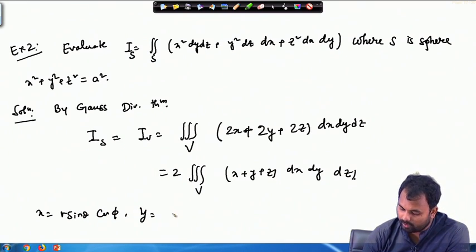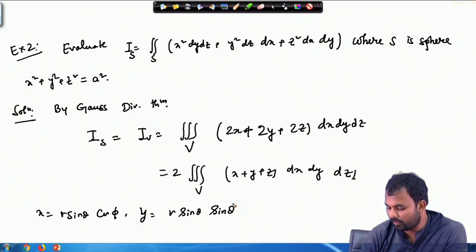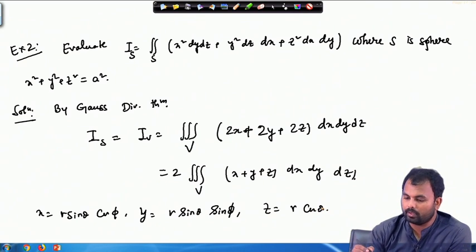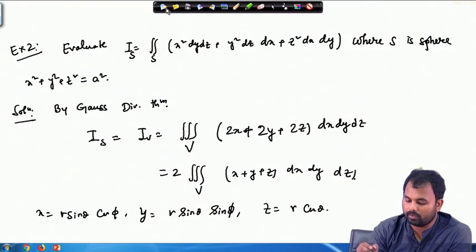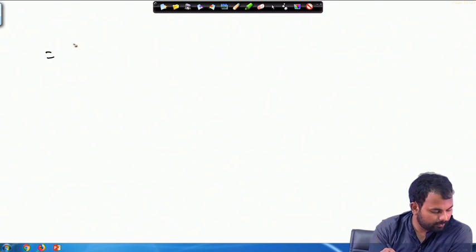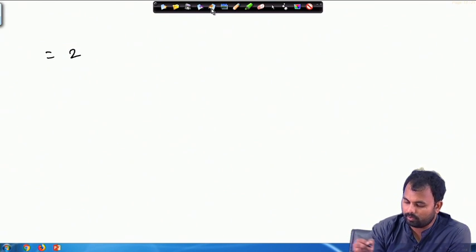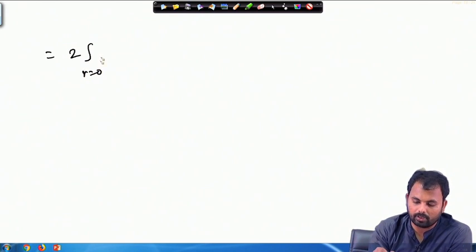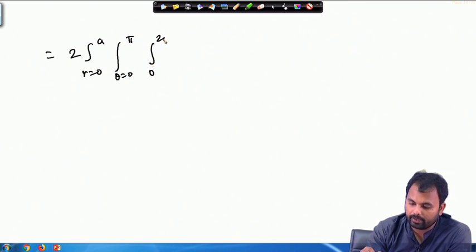y equals r sin theta sin phi, and z equals r cos theta. So, this integral will reduce to 2 times the volume integral, with r running from 0 to a, theta running from 0 to pi, and phi running from 0 to 2 pi.